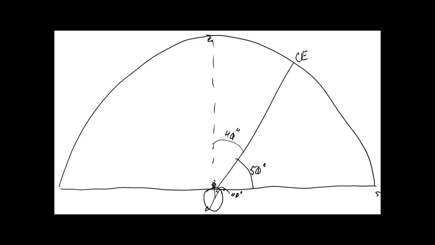You've answered it a few times. 23.5 degrees. Which way? North. Okay, so go another 23.5 degrees north of the celestial equator. So there the sun is. The question is, how far is that above the southern horizon?